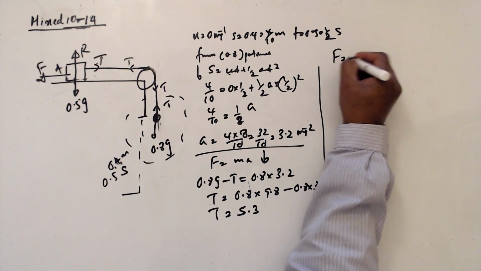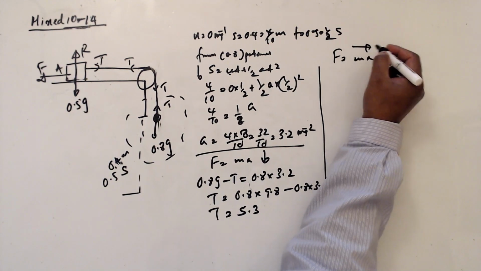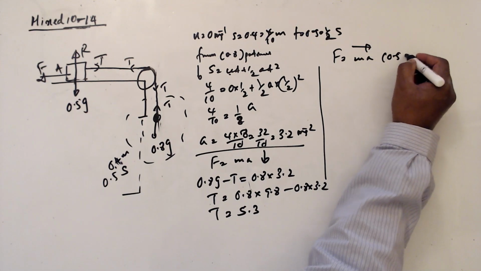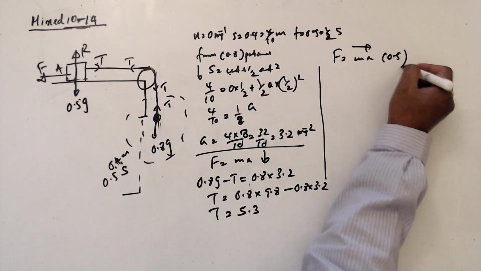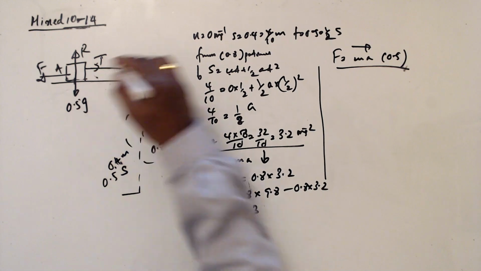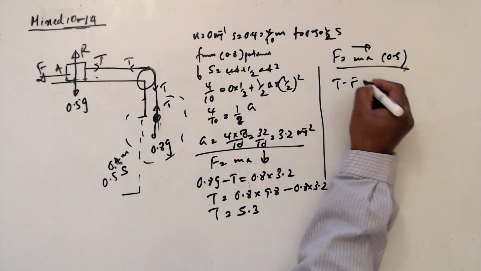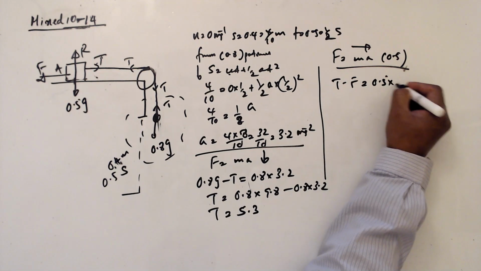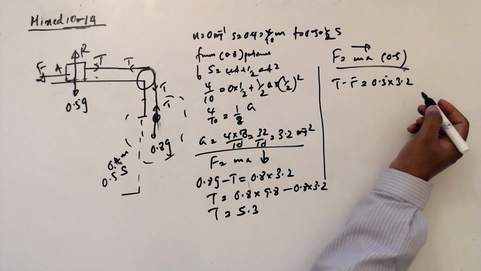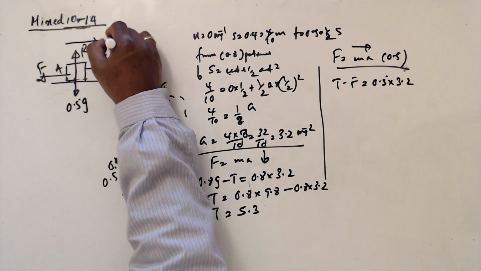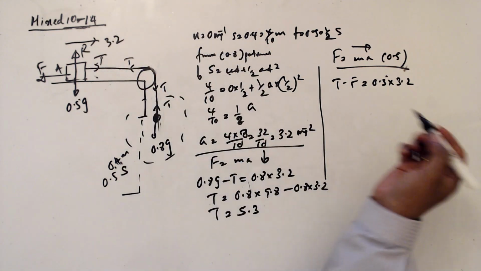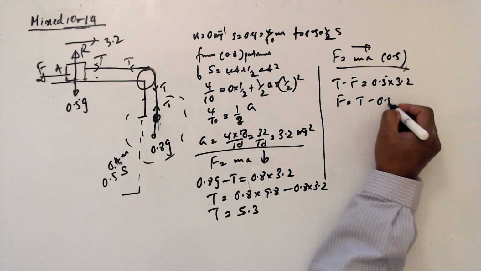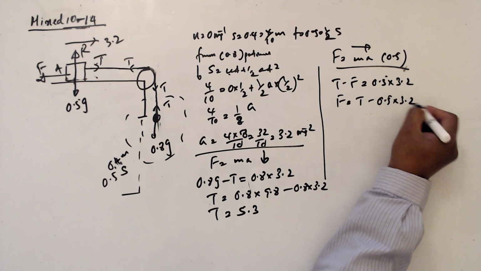And now we want to find F. So F equals ma in this direction for the 0.5 mass. So it's going to be T minus F equals 0.5 times A, again 3.2. It's moving in this direction with 3.2. So F is T minus 0.5 times 3.2.